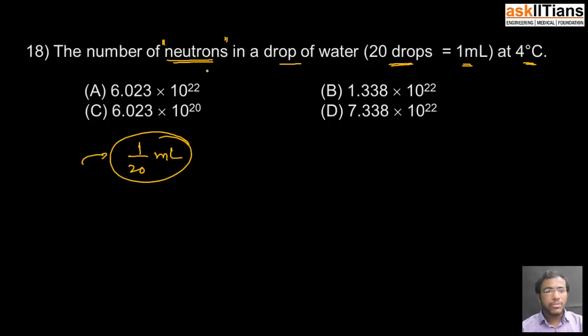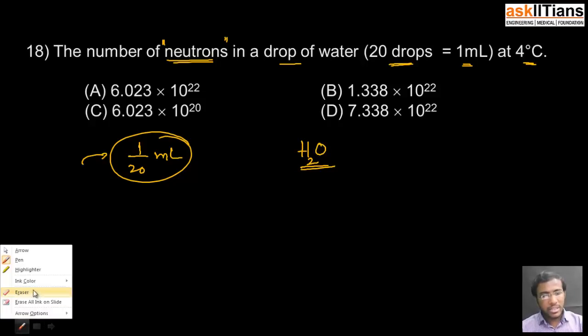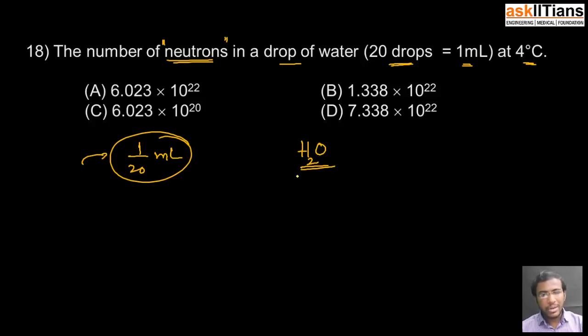We have to calculate the number of neutrons. We know that water is made up of H2O molecules. So first let's see how many neutrons are there in one molecule of H2O, and if you know the number of water molecules, you can multiply it by the number of neutrons in each one, then you will get the total number of neutrons.